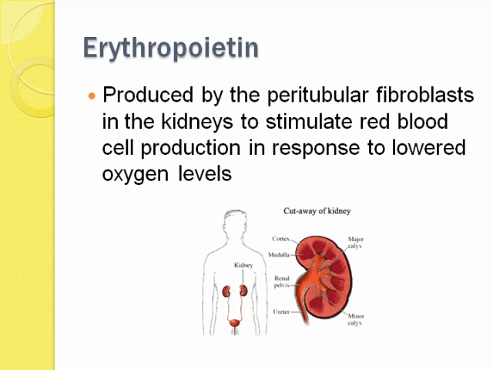And last, erythropoietin is a hormone that is produced by the peritubular fibroblasts in the kidneys, and what this does is stimulate red blood cell production in response to hypoxia. So when your body does not have enough oxygen, the kidneys are stimulated to produce erythropoietin, which acts directly on the bone marrow to tell the body to make more red blood cells to try to correct the oxygen imbalance.